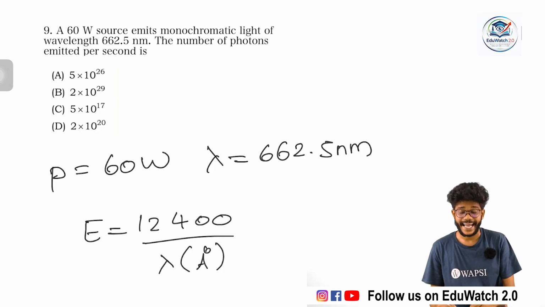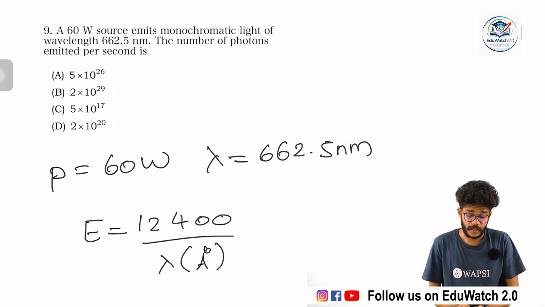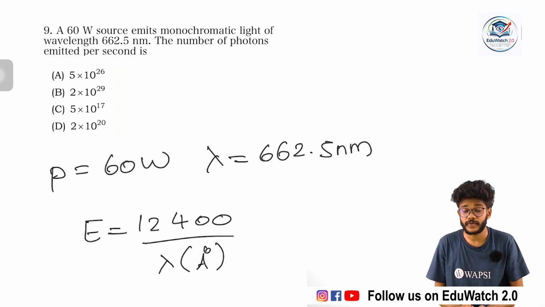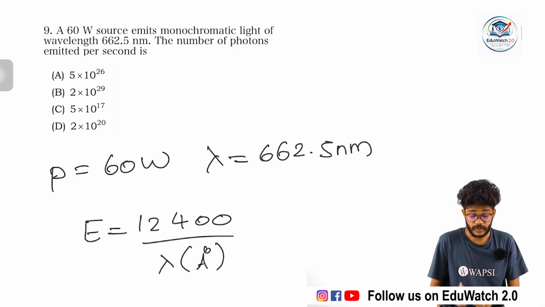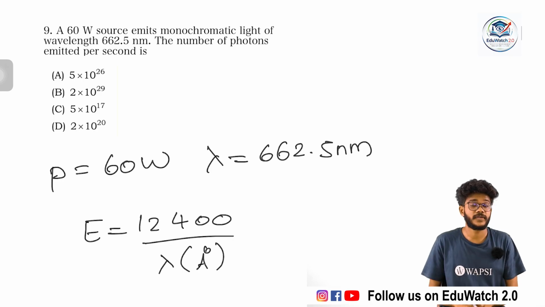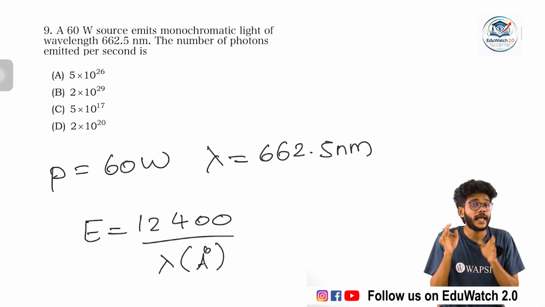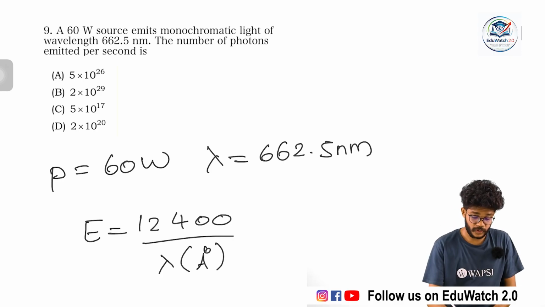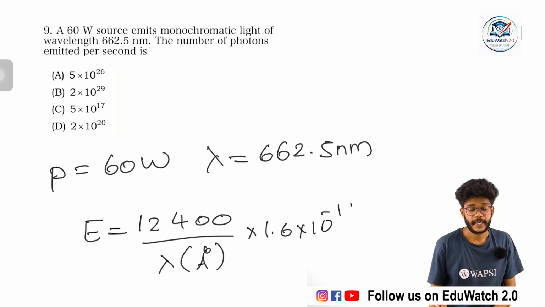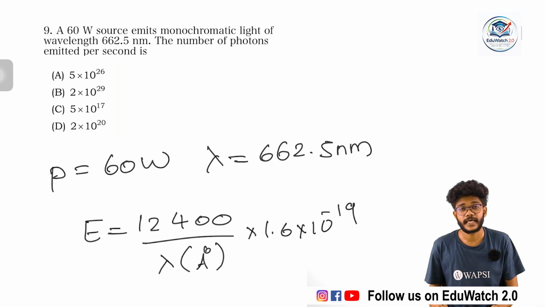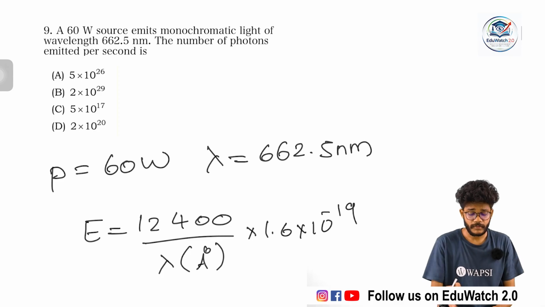Sorry, this energy is in electron volt. We have to transform the unit from electron volt to joule. So we want to multiply this by 1.6 into 10 raised to minus 19, then only we get the answer in joule.